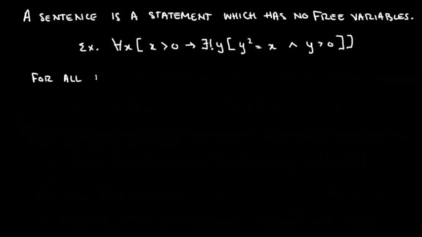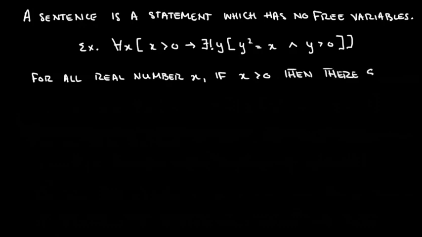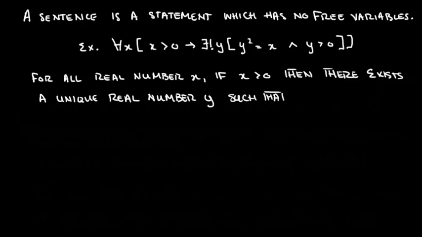So we're saying for all real number x, if x is greater than 0, then there exists a unique real number y such that y squared is equal to x and y is greater than 0.